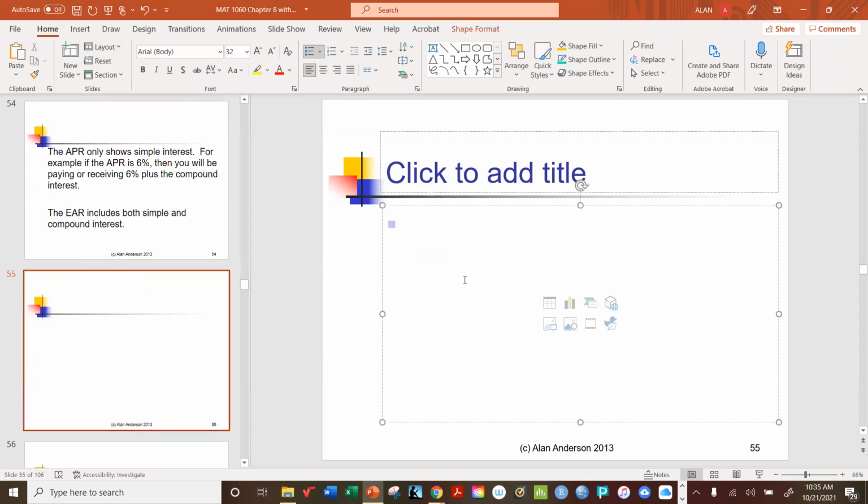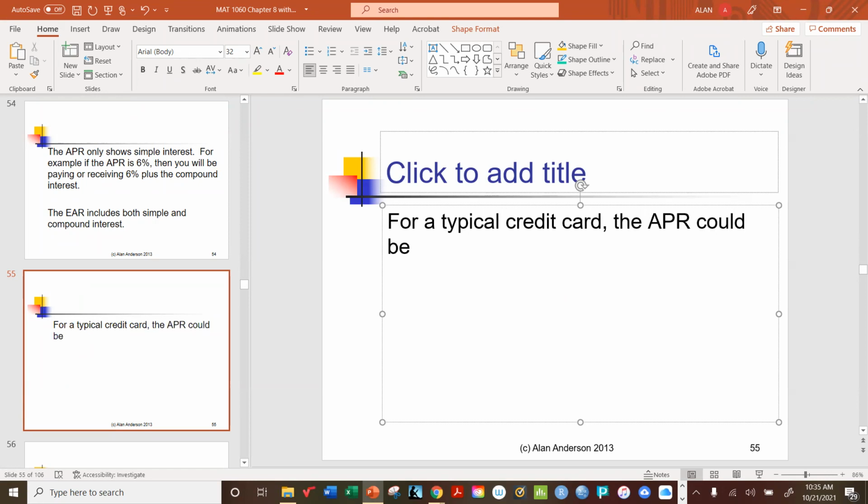Now, credit cards have very high rates of interest to start with. So for a typical credit card, the APR could be, let's say, something really high, like 18%, and the EAR could be even higher, like 19 point, I'll just make this up, 19.24%.